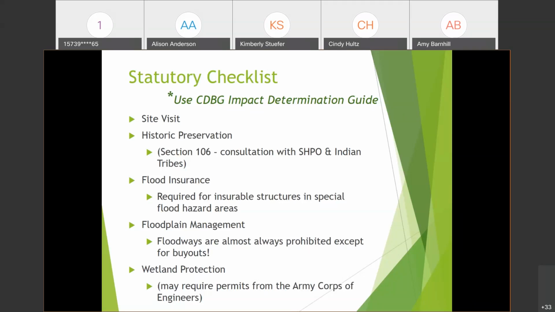And when you consult with the tribe, the correspondence needs to come from the chief elected official, so either the mayor or presiding commissioner would be the one signing off on this letter to the tribe. It has to be government official to government official.